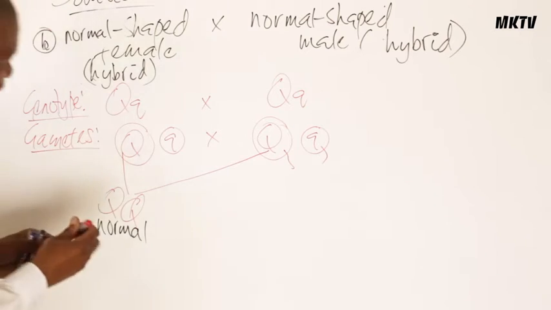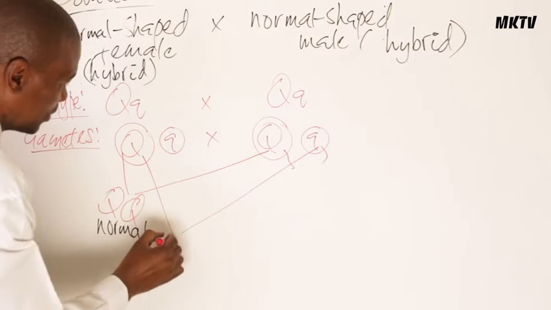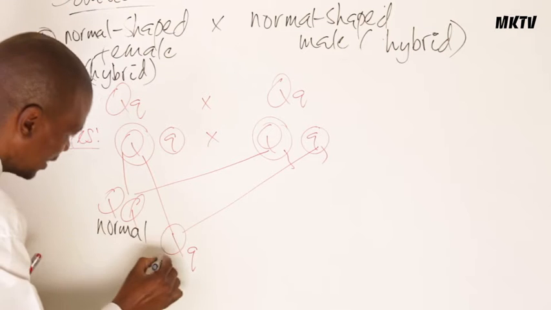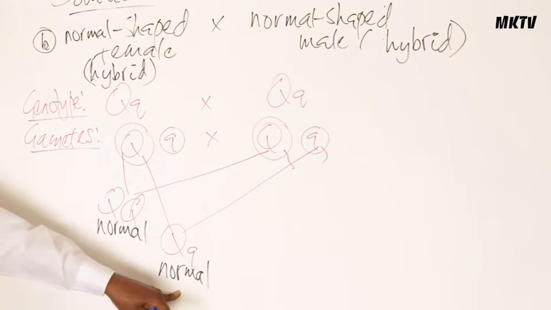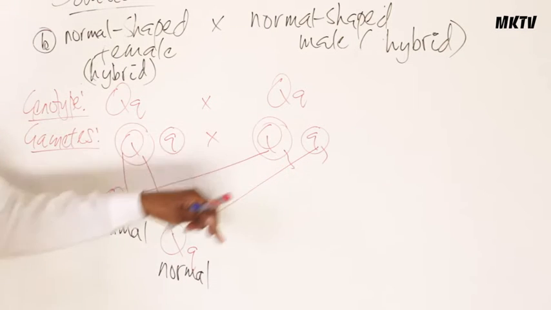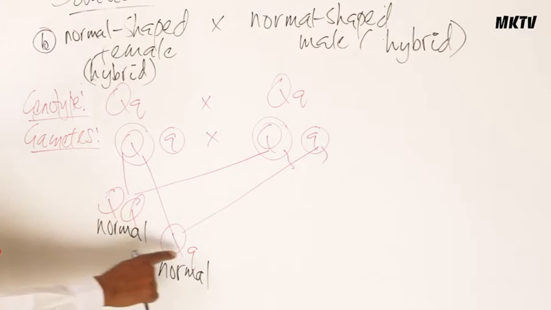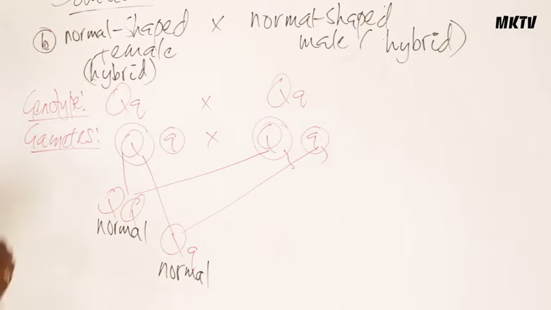Then, if this one meets with this one, this is still normal, but this ram is not so good. Because if it meets a sister like that, you see that small q and the small q will combine and they won't give us some good wool.